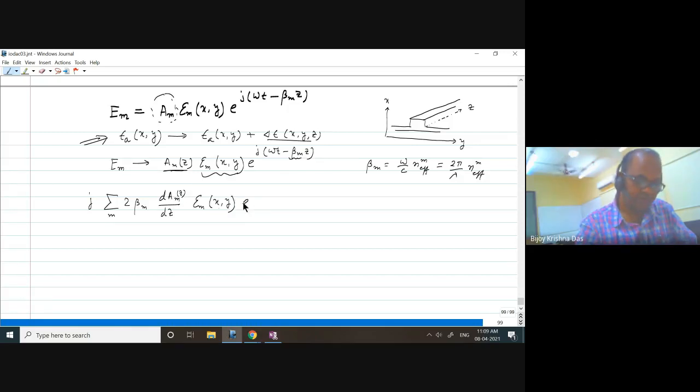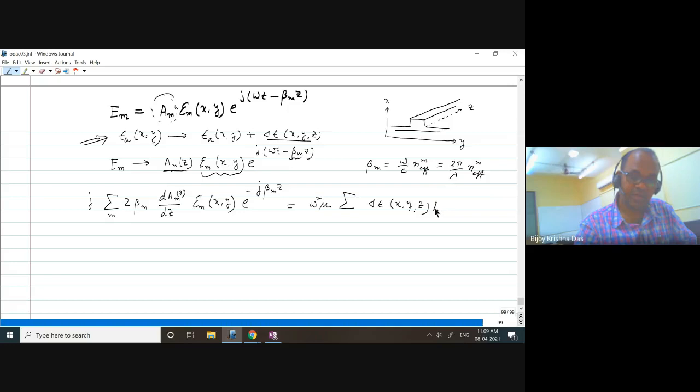And e to the power minus j beta m z. I have just dropped the omega t term from both sides. Then the right hand side will be omega square mu, and then the sum over delta epsilon, that is the perturbation part, xyz, right?